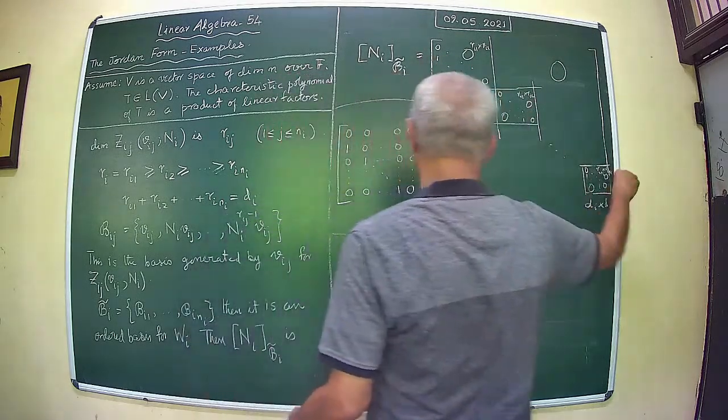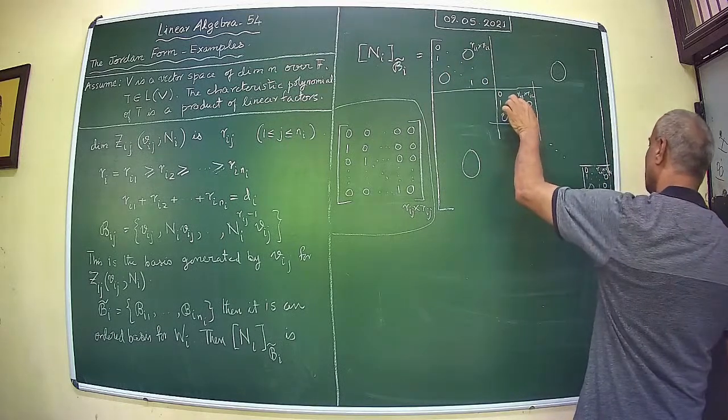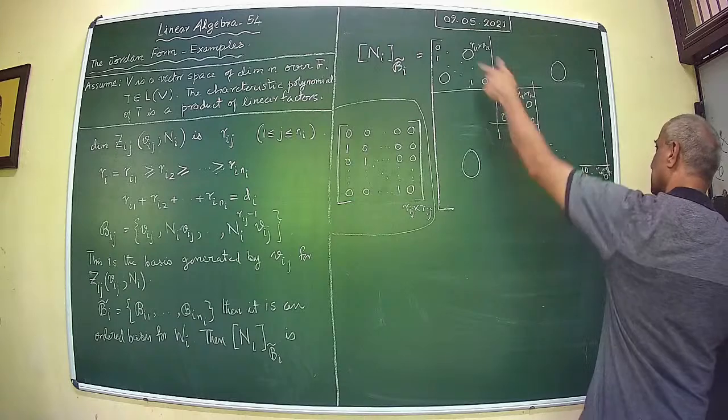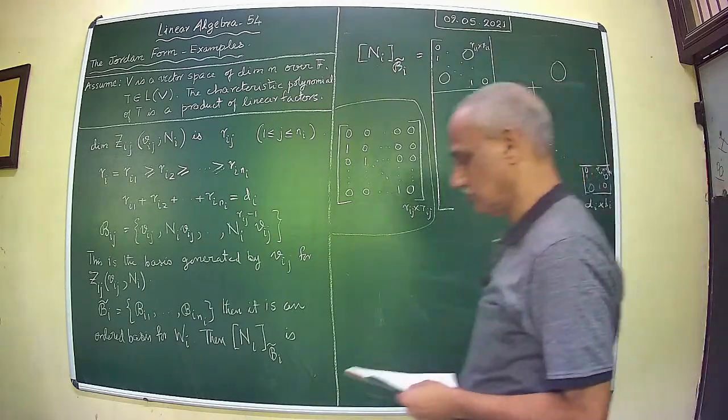Each one of them is like this. Now you see that this is Ri1, this is Ri2 dimension, this is Rini dimension. So the sum of all these together will make it Di.